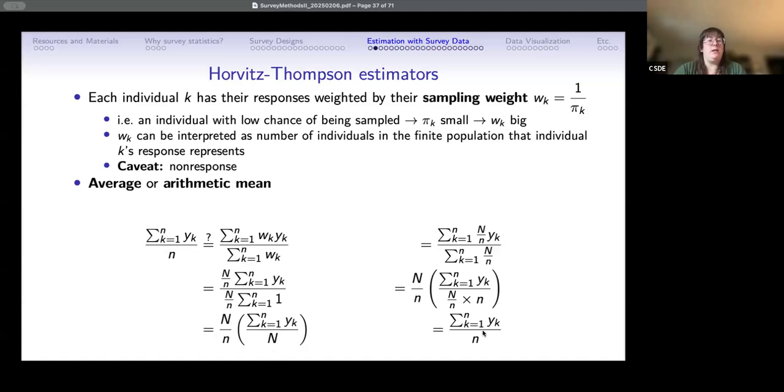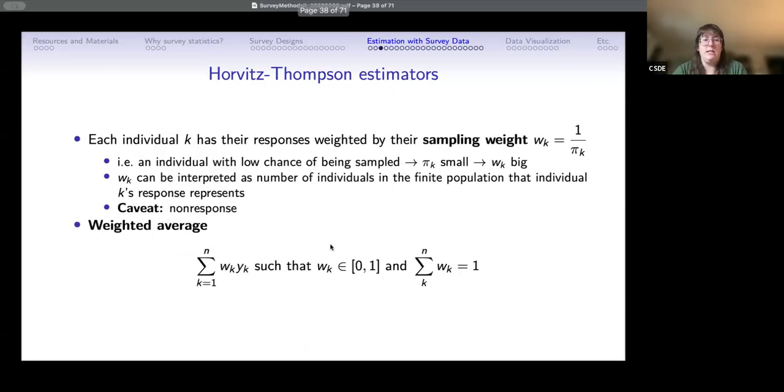So under a simple random sample, the Horvitz-Thompson estimator, a design-based, weighted estimator in the survey statistics context, is exactly equivalent to the maximum likelihood estimator for a binomial probability. Under different designs, this link is not the case, but we still use this weighting idea, the Horvitz-Thompson estimator, to estimate things in survey statistics.